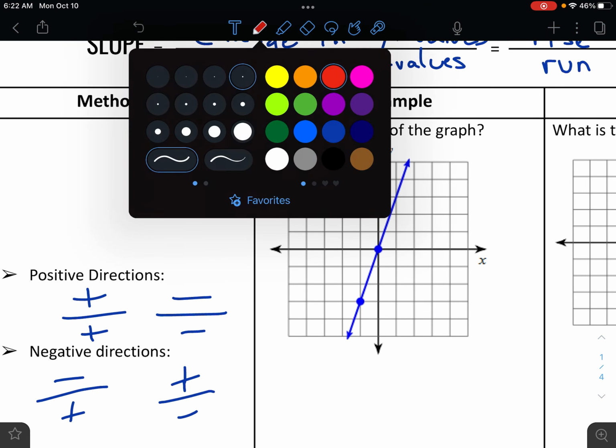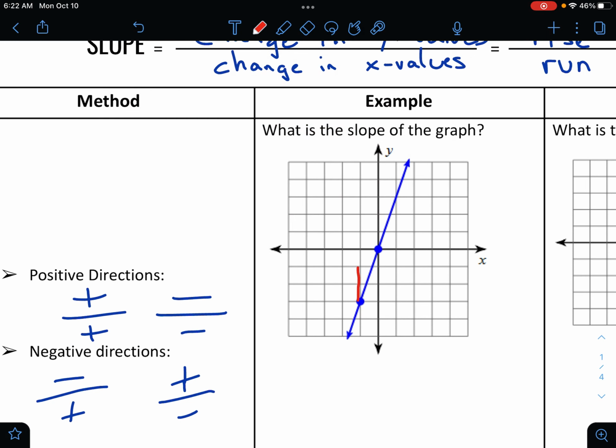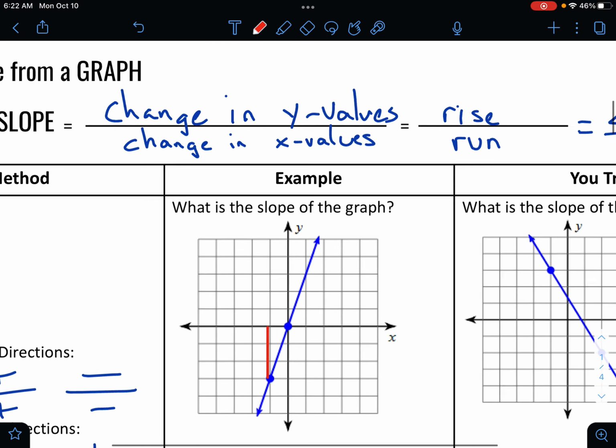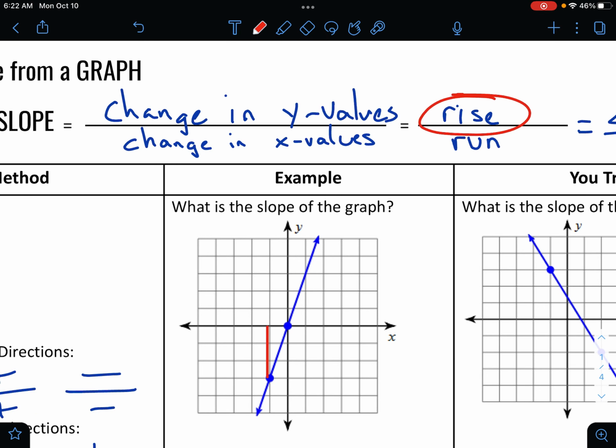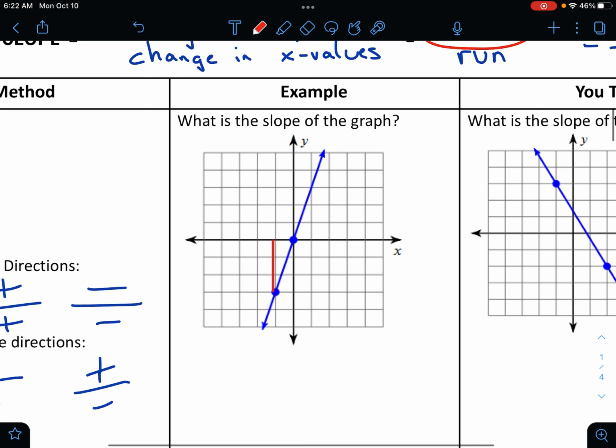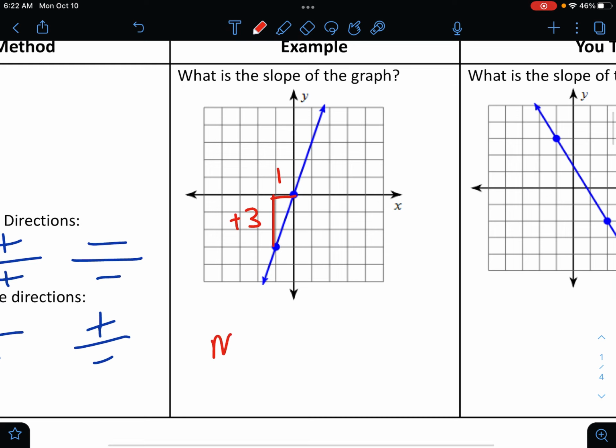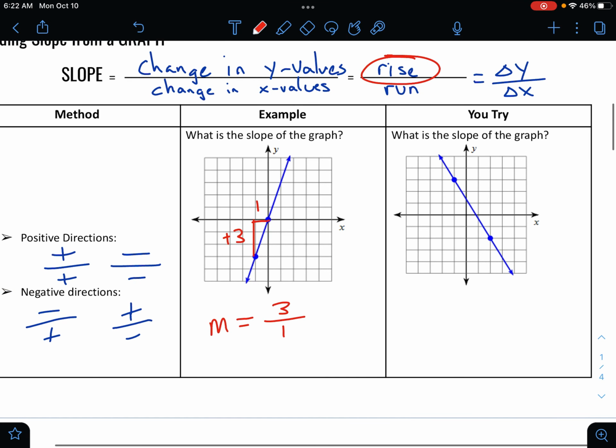You can see that we are going up 1, 2, 3, because we always do rise first, okay? Rise first. So we go up 3, that's a positive, and then we go right 1. So our slope here, or our m value, is going to be 3 over 1, okay? Now, if you want to go ahead and pause and try this one, you can, or we can just do it together. I'll give you a moment here to decide.